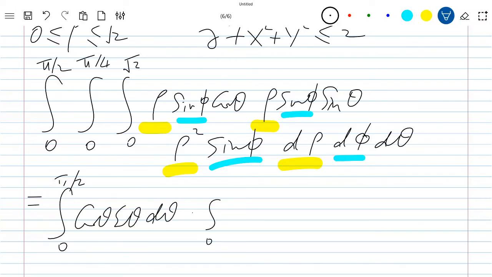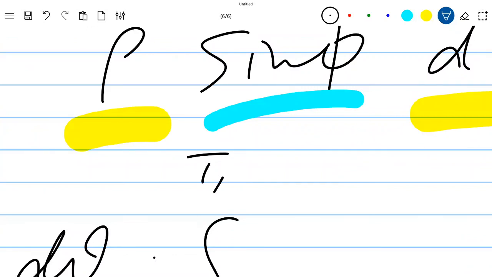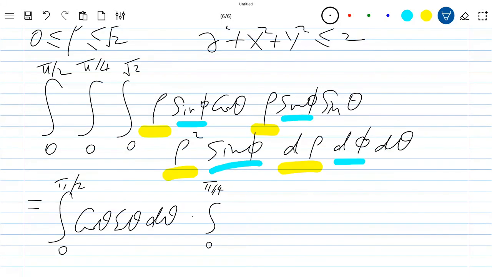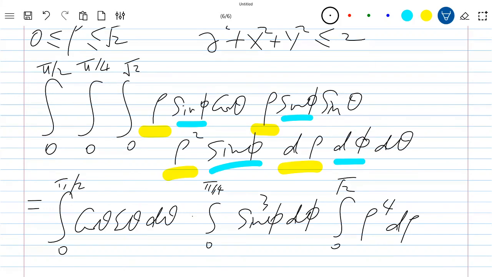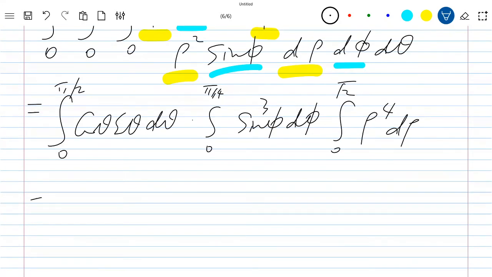And for phi, it's sine cubed. And for rho, it's rho to the 4th. All right, that's the easiest. You can combine the cosine theta with d theta. So you have sine theta squared over 2.